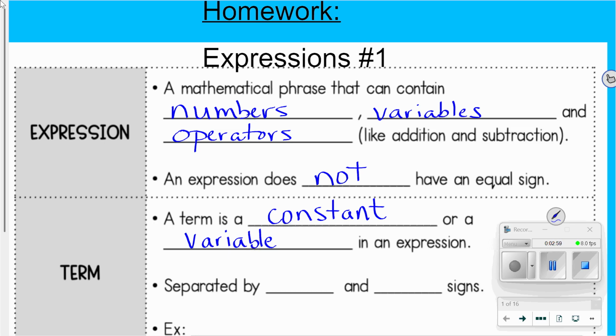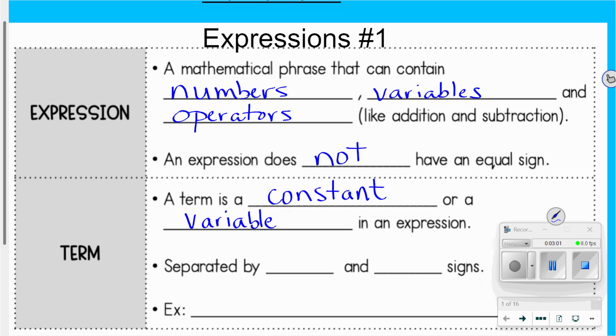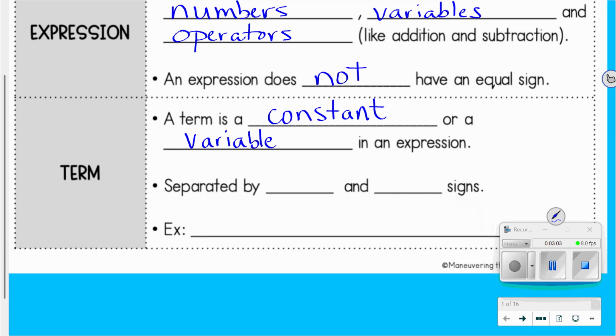What signs do you think are going to help separate these? Plus and minus. So they're separated by plus and minus signs. The plus and minus signs are what show us what each piece of that expression is. So some examples of terms would be stuff like -50 or 5x, which is also why we're not using x's for multiplication anymore, right?